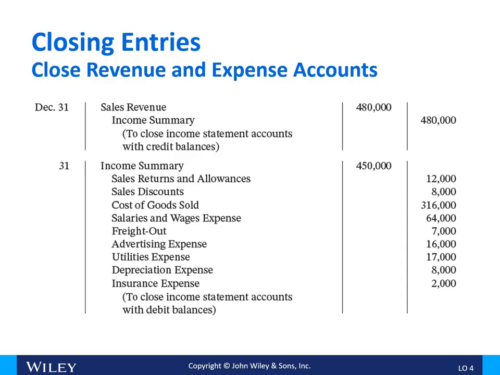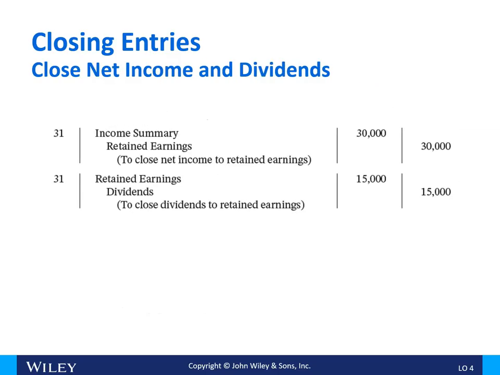So this would be the entry to record the closing of the expense and debit entries into income summary, as well as closing sales revenue to income summary. Then the rest of the process is the same. We're going to close income summary to retained earnings, and then close dividends to retained earnings. And that's our closing entries.